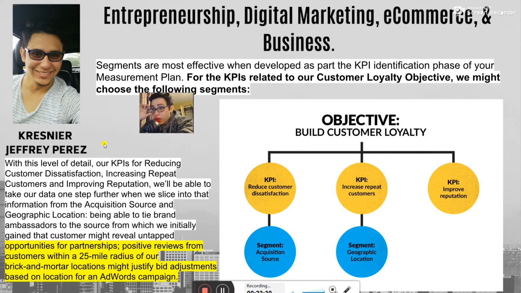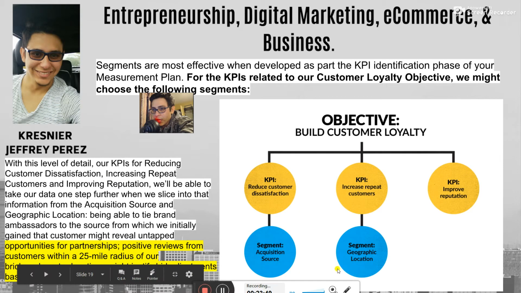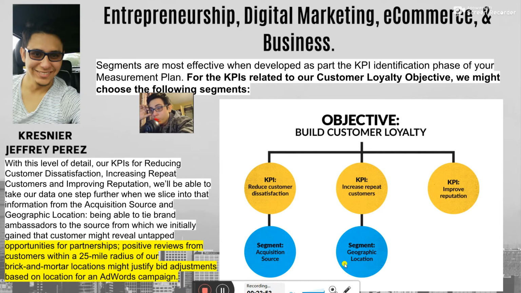With this level of detail, for our KPIs of reducing customer dissatisfaction, increasing repeat customers, and improving reputation, we'll be able to take our data one step further when we slice into that information from the acquisition source and geographic location, being able to tie brand ambassadors to the source when we initially gained that customer.